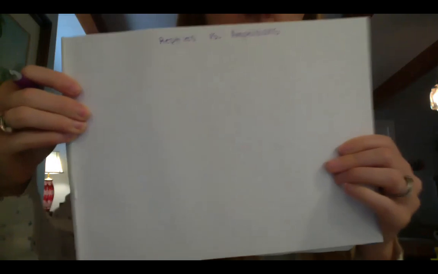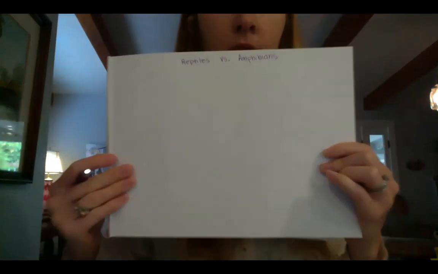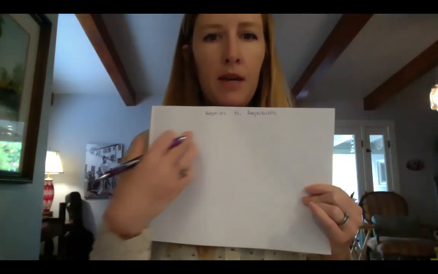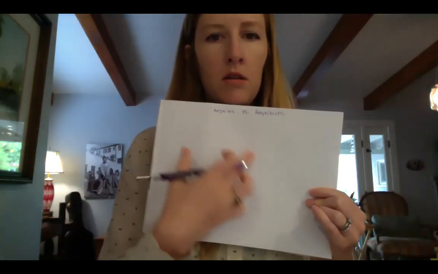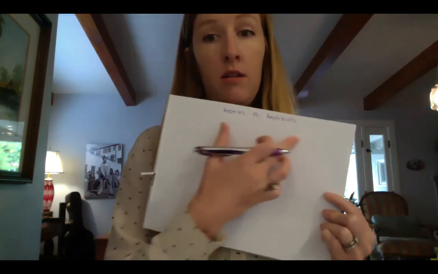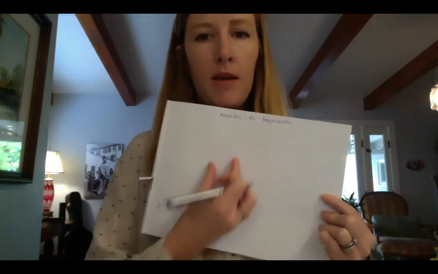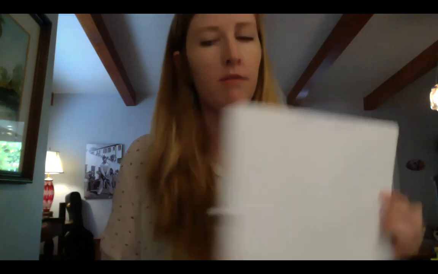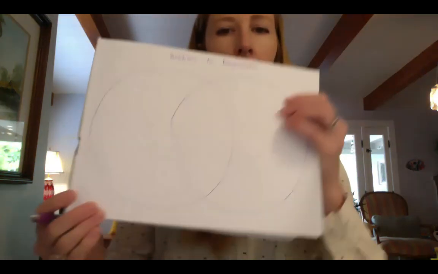You want it all the way at the top so you have room for your Venn diagram. And I'm going to start by making a big circle over here. And then I'll do another one on the right side and make sure that there's some overlap in the middle. Just like this.